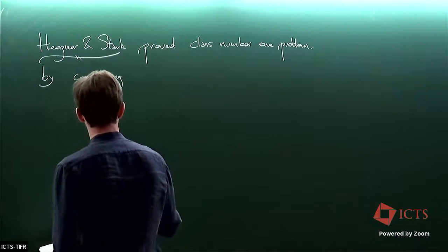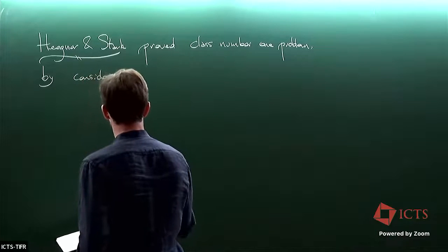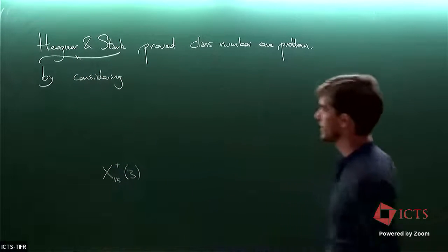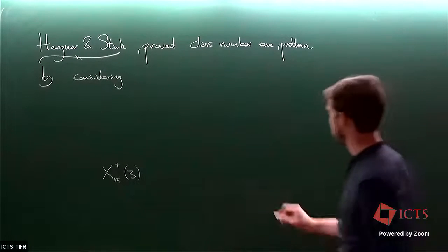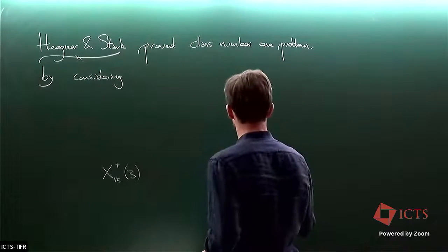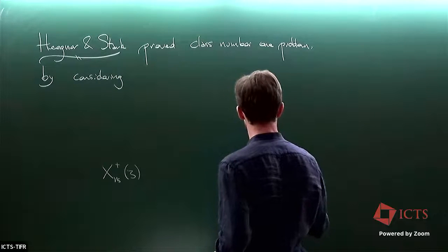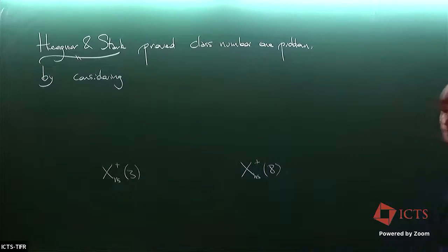So they were looking really at the normalizer of a non-split Cartan curve with 3-level structure, as well as a non-split normalizer with 8-level structure.